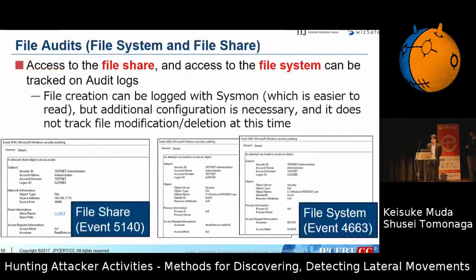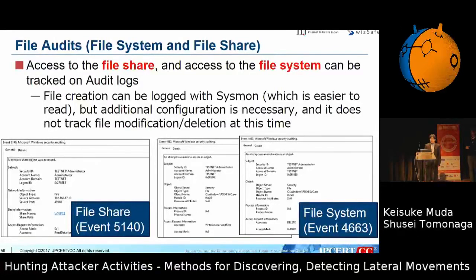For the file audits, access to the file shares and access to the file systems can be tracked using the audit logs. If we are just talking about file creation, then it can be logged with Sysmon too. And we think Sysmon logs are easier for humans to read.